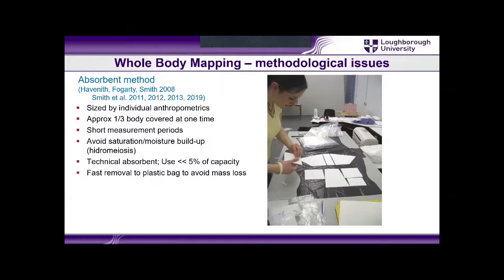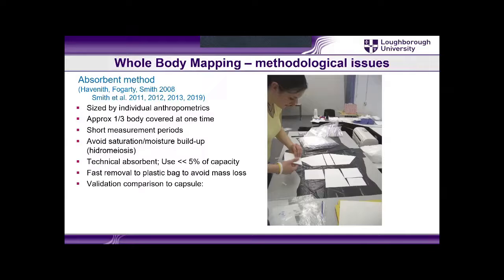It's important, of course, when you're finished, as you'll see in the next slide, that you put all the patches in a plastic bag very quickly to avoid mass loss while you're doing the rest of the procedure, and you can then weigh them afterwards. And again, the technical absorbent has the advantage that once it absorbs the moisture, it doesn't really release it very well, and that's quite different if you would use just plain cotton, for example.